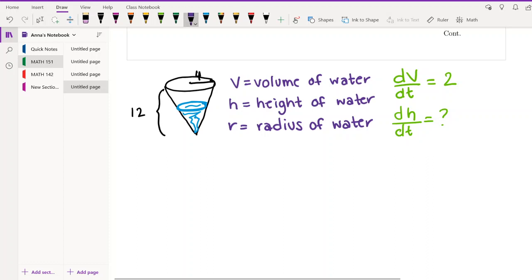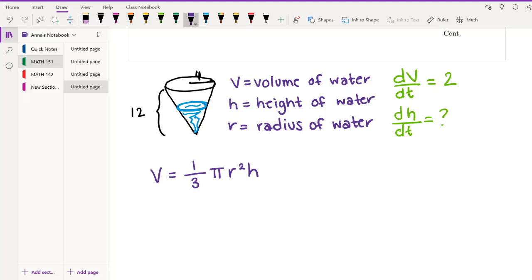So if I gave you this question on the test, I would tell you the equation for the volume of a cone. I wouldn't expect you to know that formula. So that's what we want here, right? If we're trying to relate the volume, the height, and the radius, the equation that does that is that the volume of a cone is equal to 1/3 times pi times the radius squared times the height.